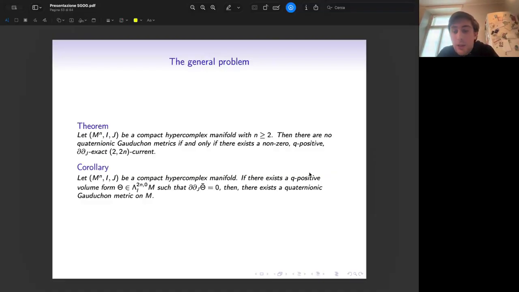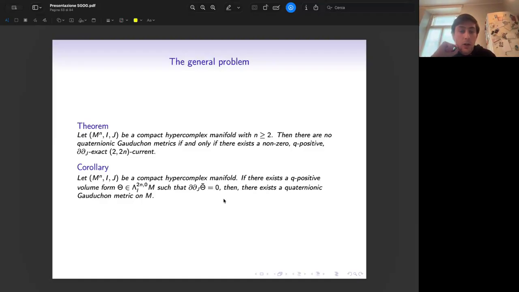As I was saying before, we know that on an SLNH manifold we always have a quaternionic Gauduchon metric, and in that case we have a Q-positive volume form which is also holomorphic, and so it naturally satisfies this. But outside of that case, we actually don't know, and this condition is pretty unexplored as of now.